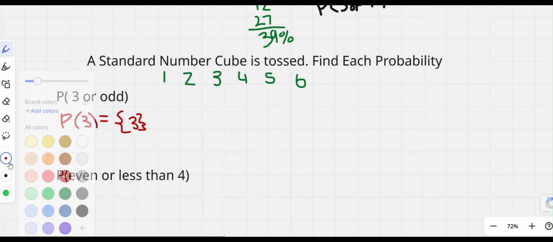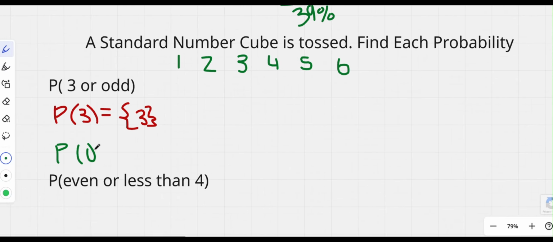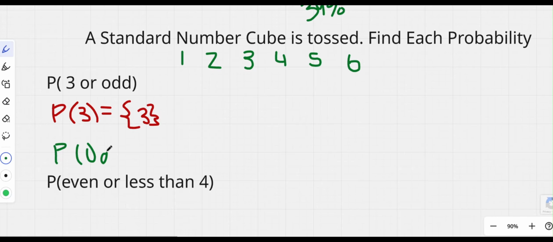Now for P of odd, the possible outcomes to roll an odd number would include a set with the numbers 1, 3, and 5.